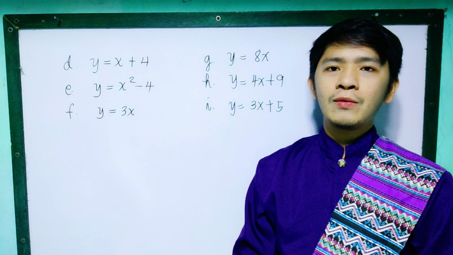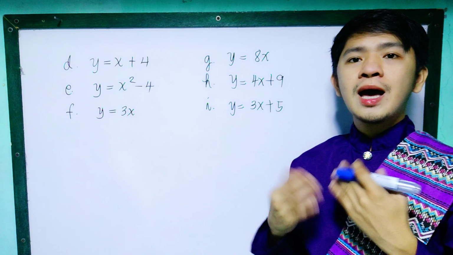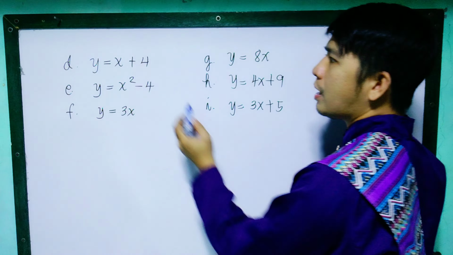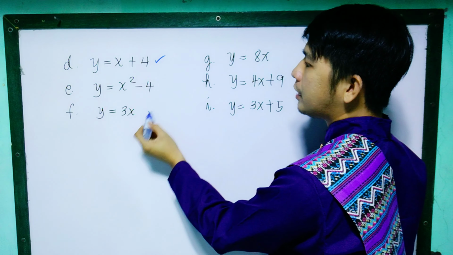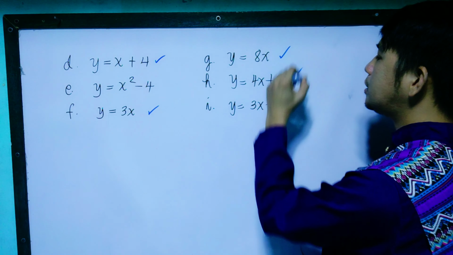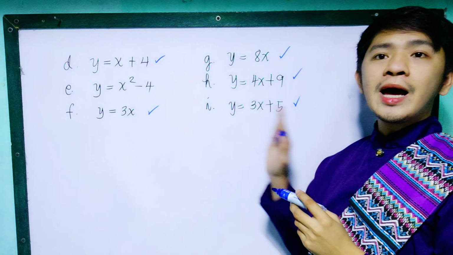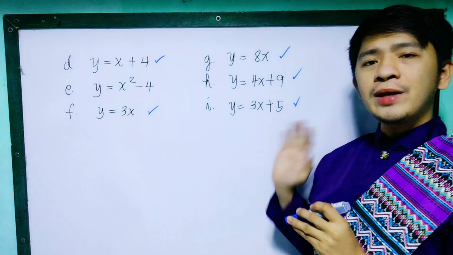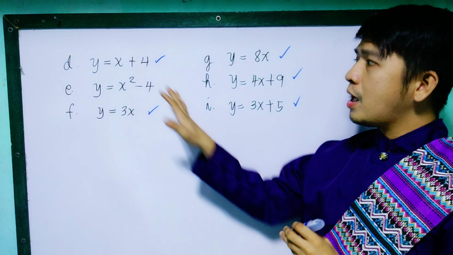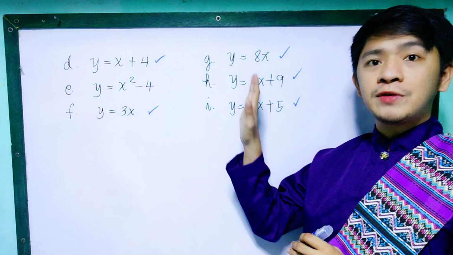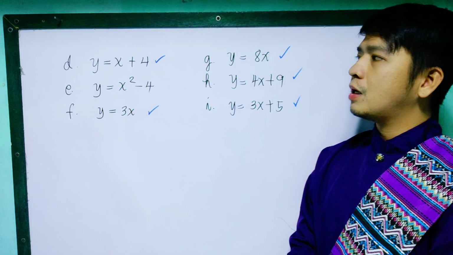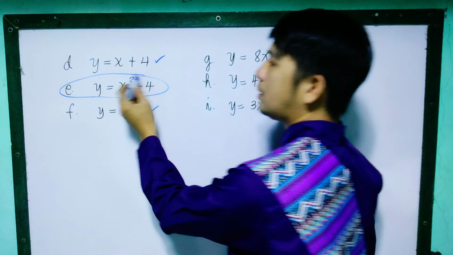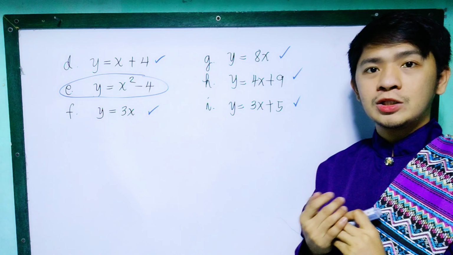So, paano natin gagawin? So, let us have a short recall. As you can see, ang letter D, letter F, letter G, H, and I, sila ay linear functions. Paano ko nasabing linear functions? Sila kasi ay nasa first degree equations, no? Pero ang letter E naman, ito ay quadratic function.